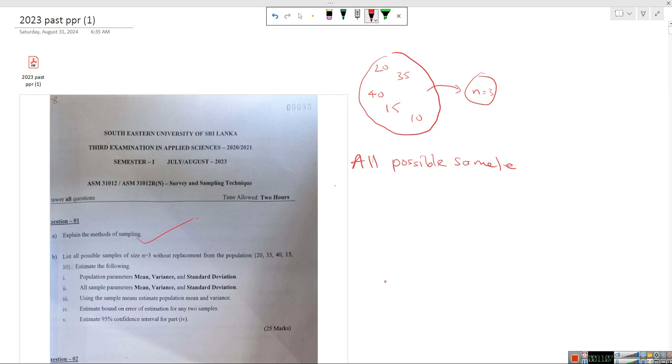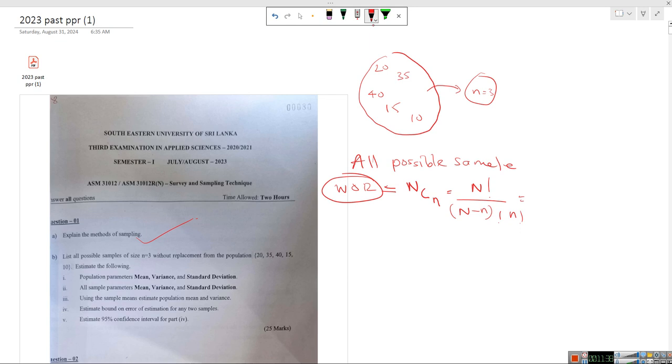If it is without replacement, practically we will consider only without replacement because it has less variance, so it will be efficient, right? So this will be NCn, which is equal to N factorial divided by (N minus n) factorial into n factorial, right?